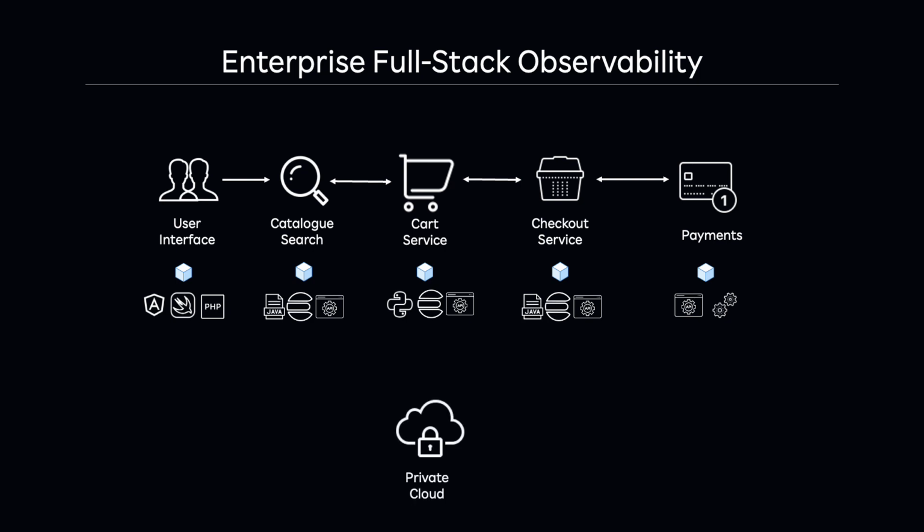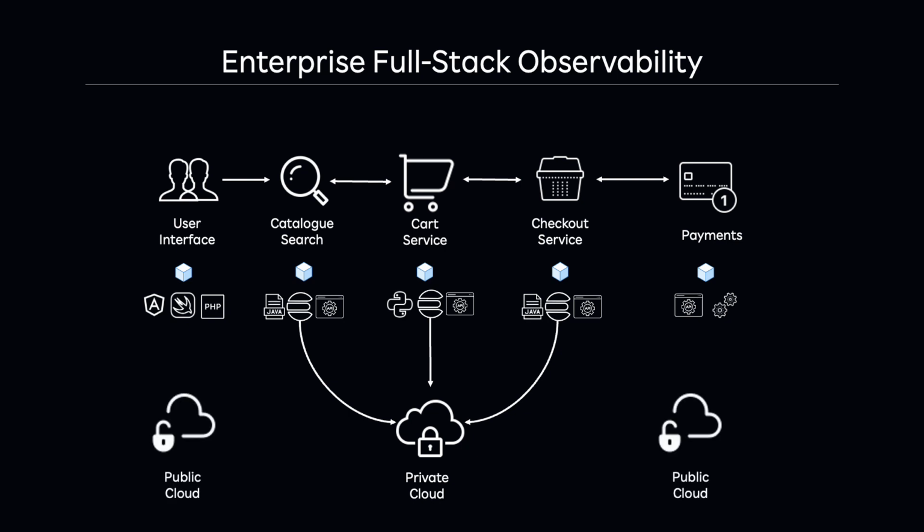Let's say for this particular scenario, the catalog, the cart services, and the checkout services are on a private cloud, whereas the payments is a third party application that you're connecting to, a payment vendor, and you also have your front end user interface that's on public cloud, right? So it's again a complexity where you have certain private and public clouds.